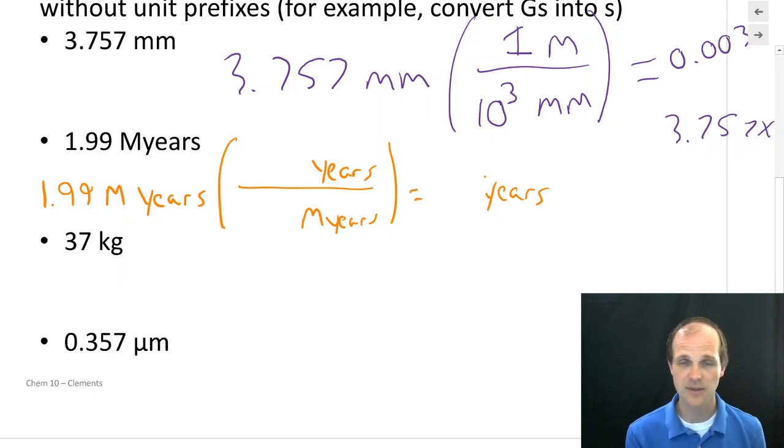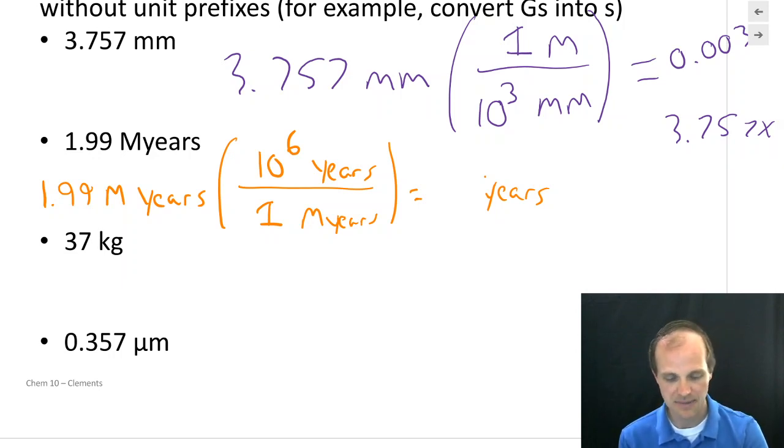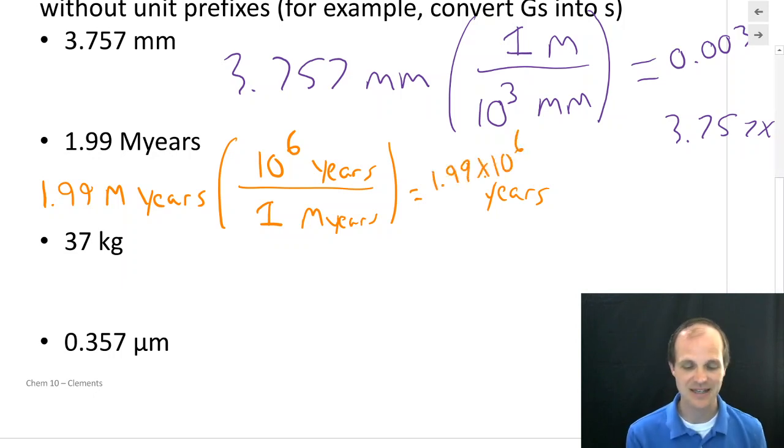So what's bigger, a year or a mega year? Remember, mega is 10 to the 6. It's huge. And so our mega year is our larger unit here. And mega is just 10 to the 6. And so we need 10 to the 6 years, a million years, to make 1 mega year. Type that in your calculator. You should get 1.99 times 10 to the 6th years.